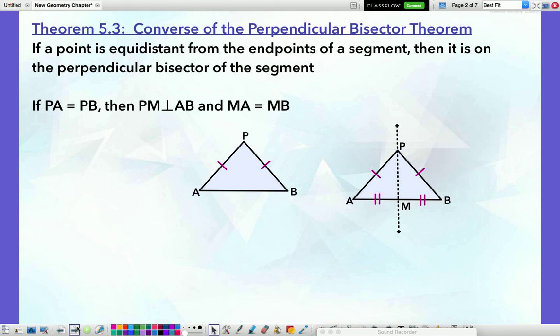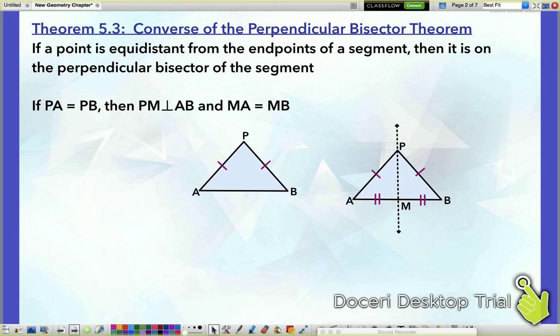And MA would be congruent to MB. It would also mean that we would have right angles here. That was a bad drawing. So that would make 90-degree angles as well.